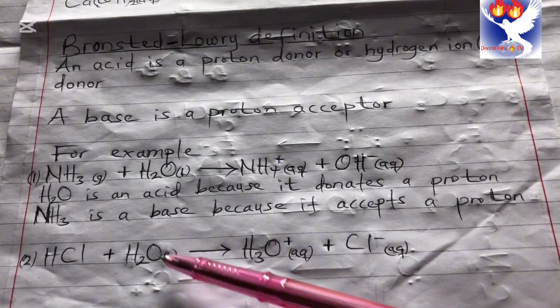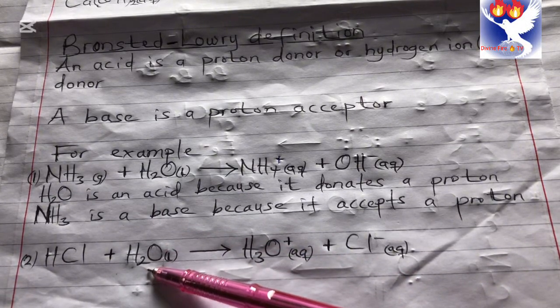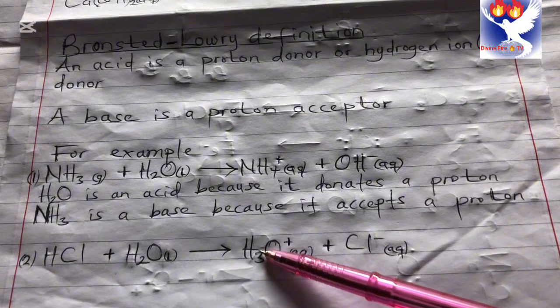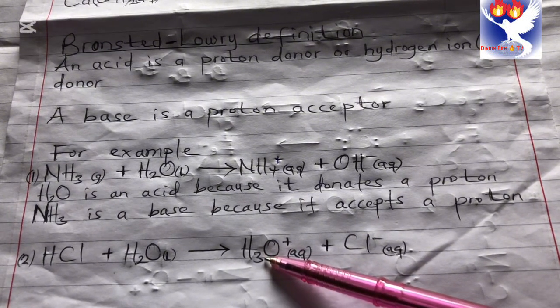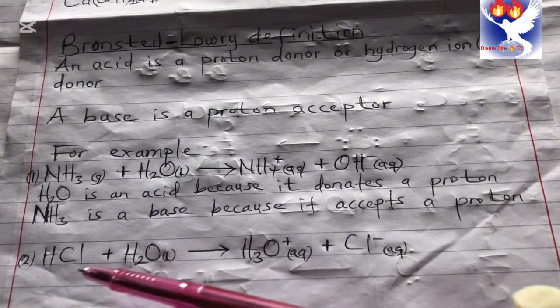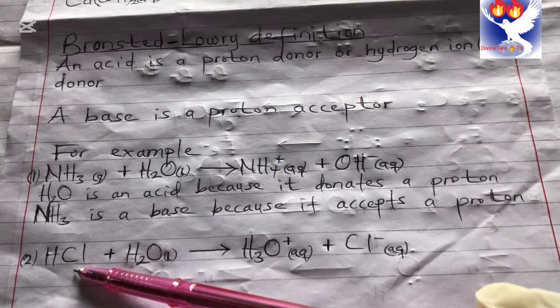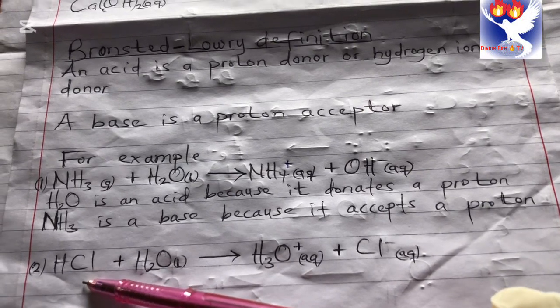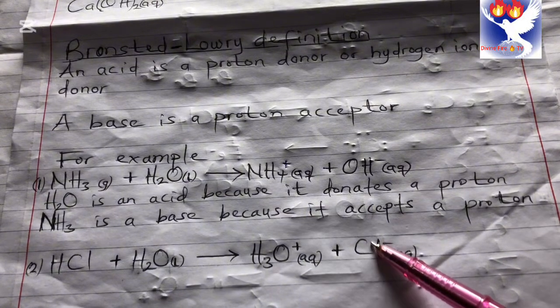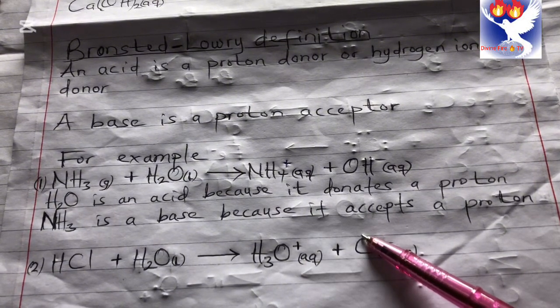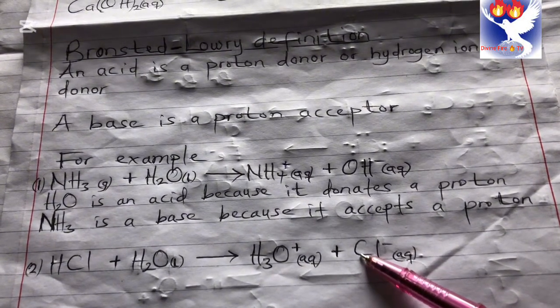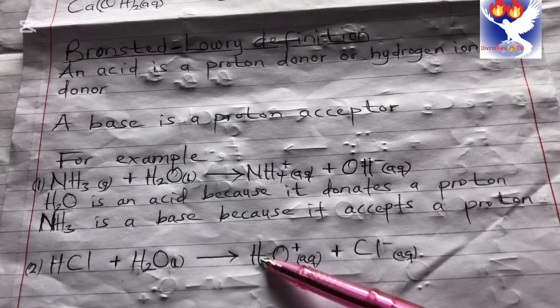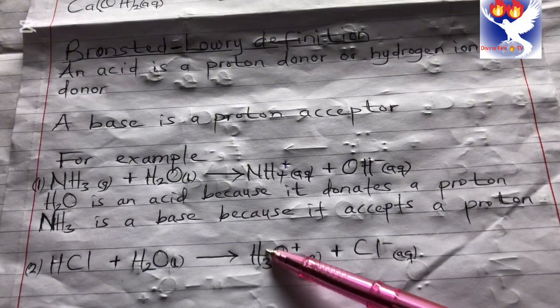Here you can see water changing to hydronium. HCl has donated the hydrogen, and now I have chloride ion here. Hydrogen is not there. Here hydrogen has increased by 1, H3.